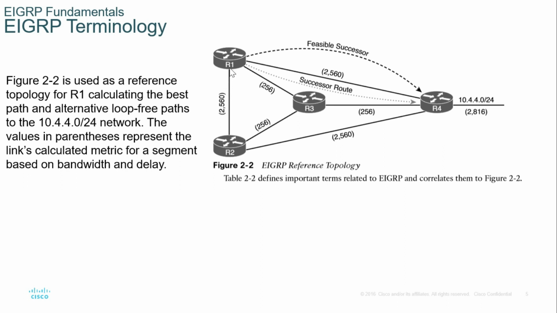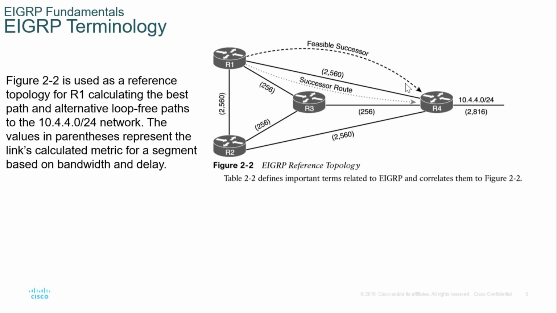Contohnya kita nak pergi daripada router 1 ke router 4, kita ada jalan sini, sini, sini, sini, okay, dan maybe ada possible another few possible path lah sebenarnya. Okay, tetapi bila dia panggil successor route, basically this is voted ataupun this is calculated as the best path. Okay, so itu satu term, successor route.